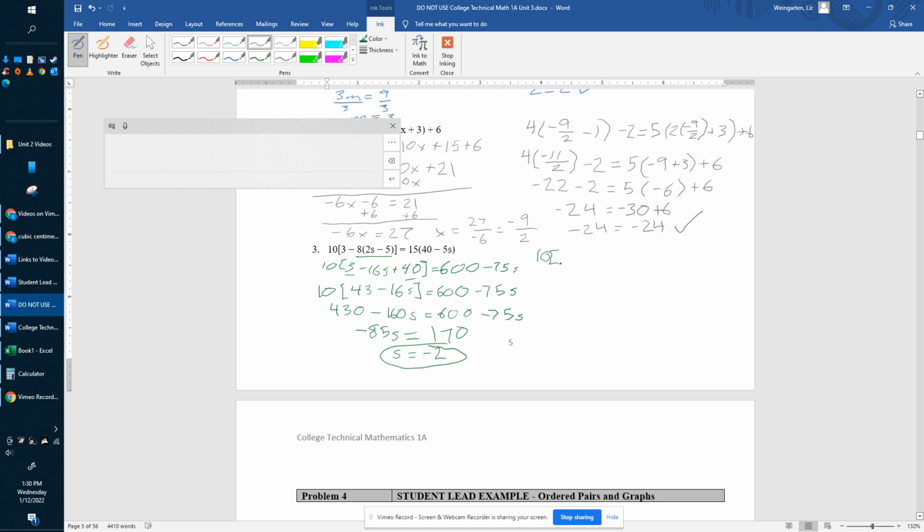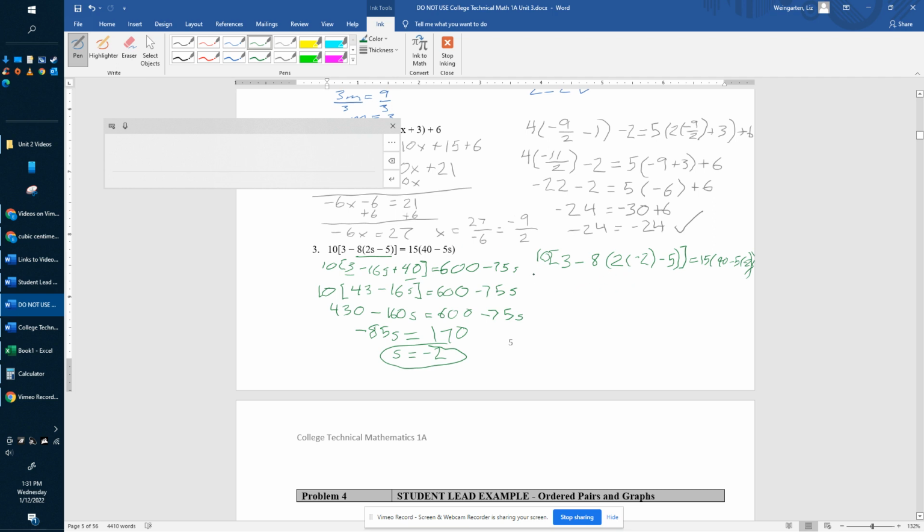10 times 3 minus 8 times 2 times negative 2, minus 5, equals 15 times 40 minus 5 times negative 2. Sorry, I got a little jumbled there on the end. So let's simplify this.